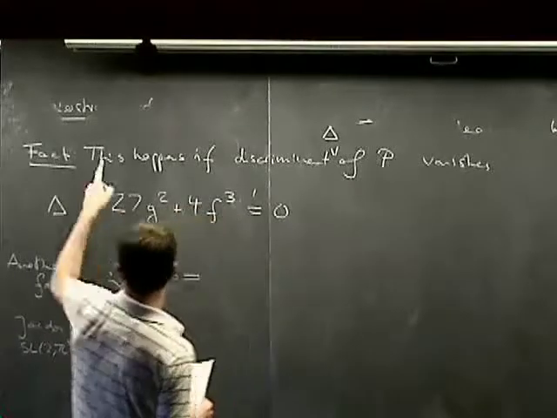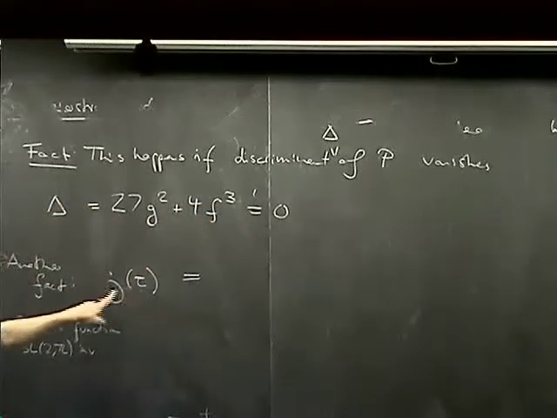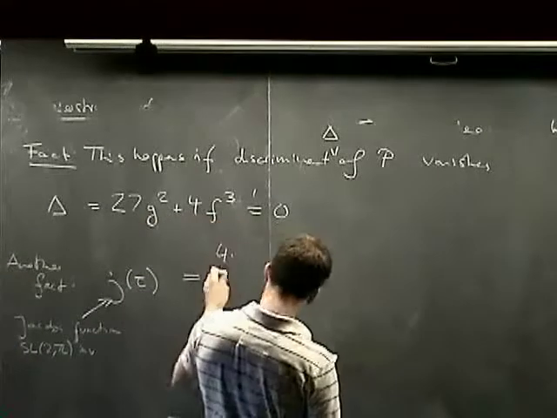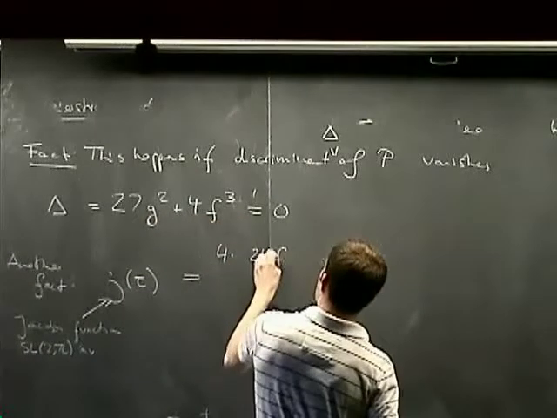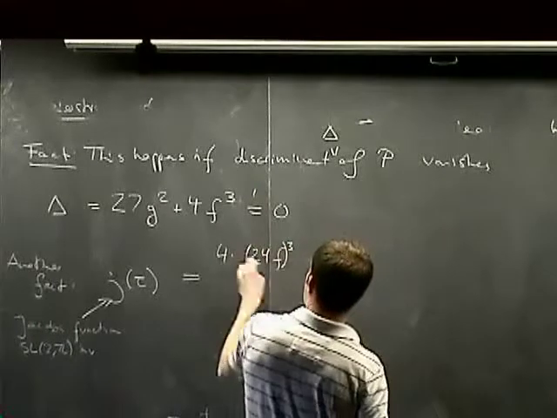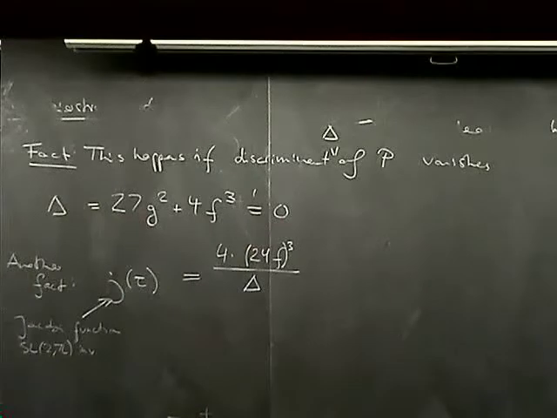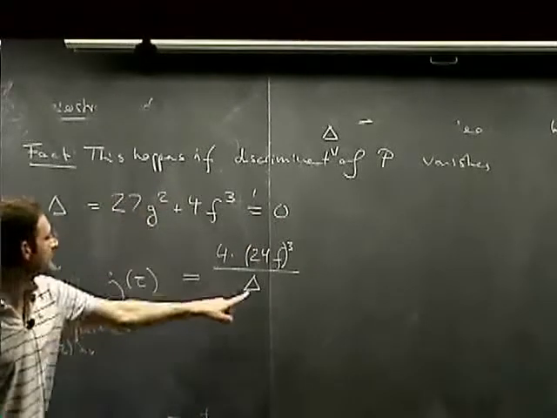From algebraic geometry, it is known, by theorem, that the Jacobi function of tau is given as 4 times 24 f cubed over delta. So this is just for later reference. If we ever care what the axio-dilaton is in a complex structure, we need to evaluate this.